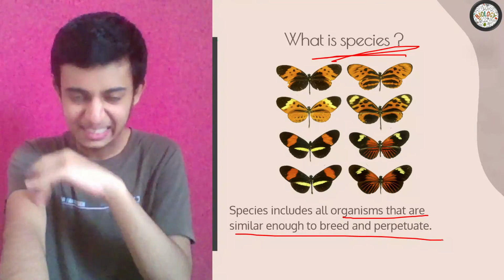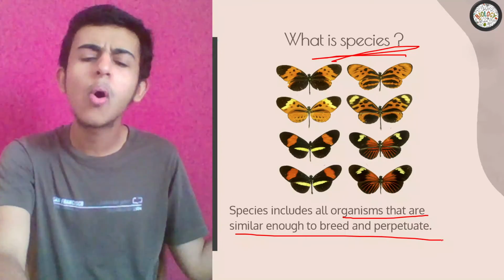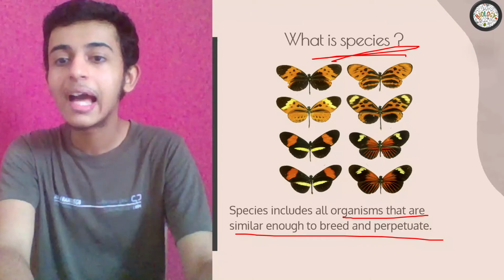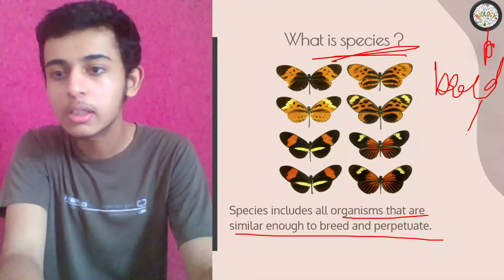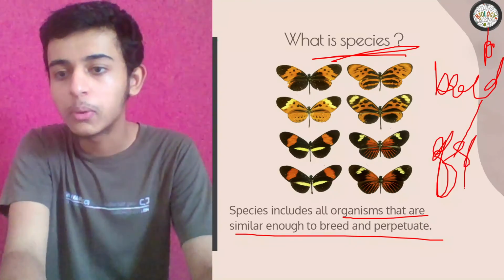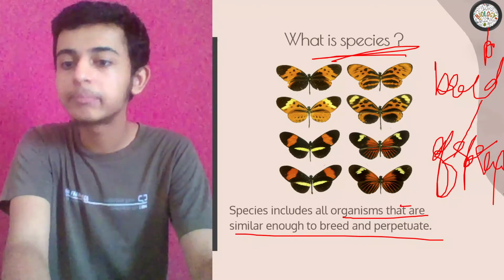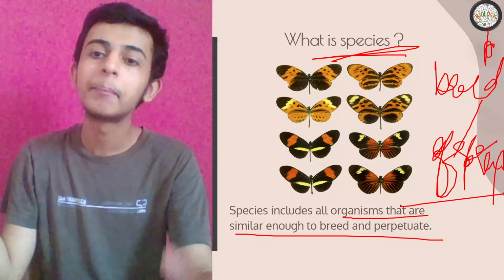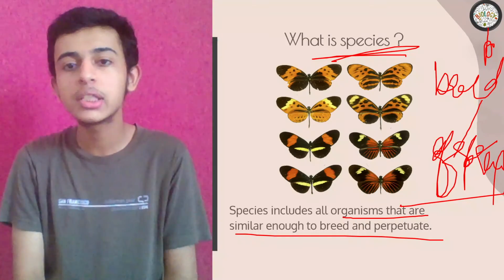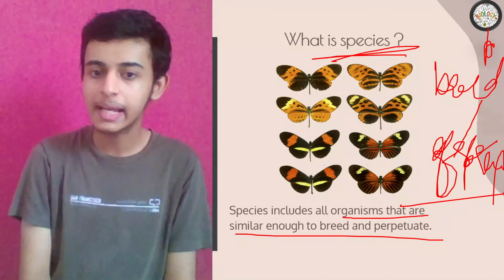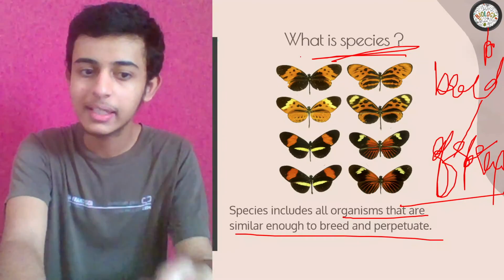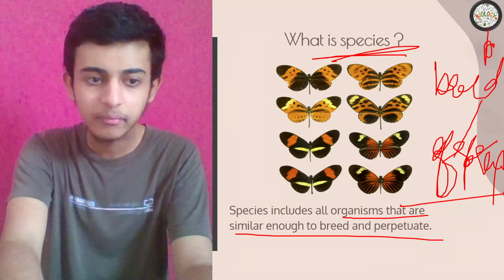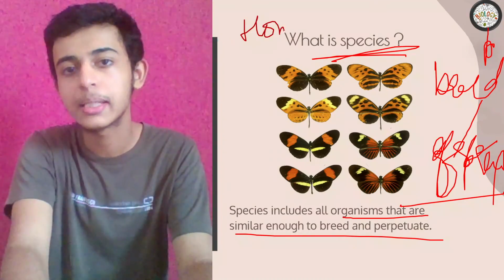What does that mean? Species basically includes all the organisms that are similar enough to breed or to produce offsprings.